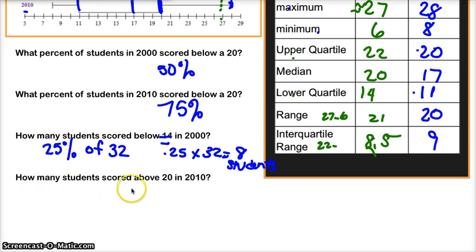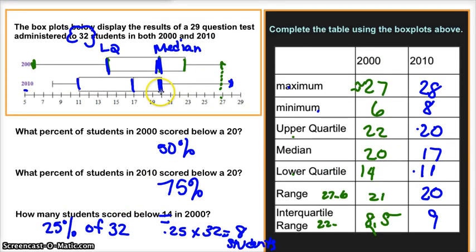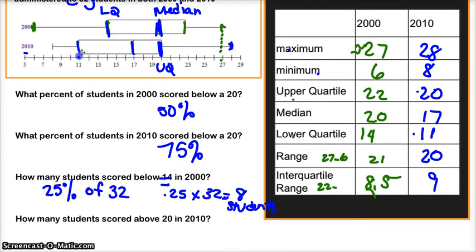I think this next question is asking us a similar question. It says, how many students scored above 20 in 2010? Well, 2010 is here. Here's the 20. This is the upper quartile, which means that this is 25%, 50%, and 75%. But it's asking what percentage of students scored above that value. So even though this is 25%, 50%, 75%, we're asking what percent scored above.